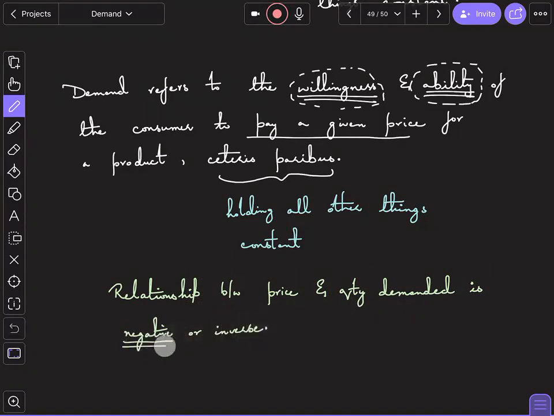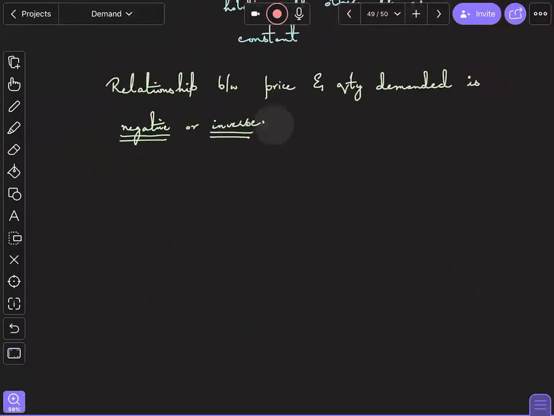The relationship between price and quantity demanded is inverse, which means that as the price of the product increases, consumers will demand less quantity. The quantity demanded will fall.